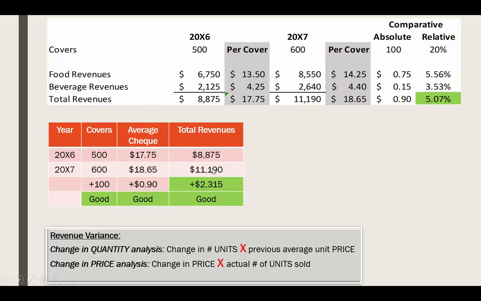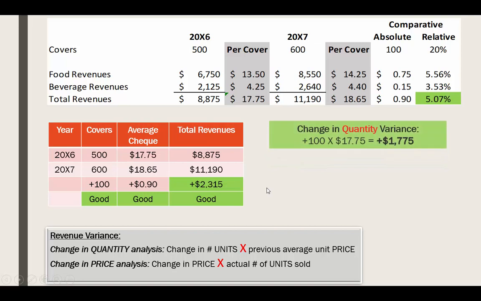And if we compare our total revenues, we went up from $8,875 to $11,190. We went up by $2,315 in total revenues. That's what we're evaluating here, our total revenue line. We could do this only with the food line or the beverage line, but we're going to evaluate our total revenue variance. So the $2,315, this is good, but where did it come from? Is it because we just had more people, or is it because our average check increased?